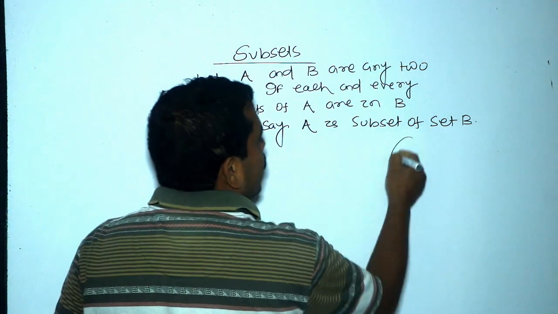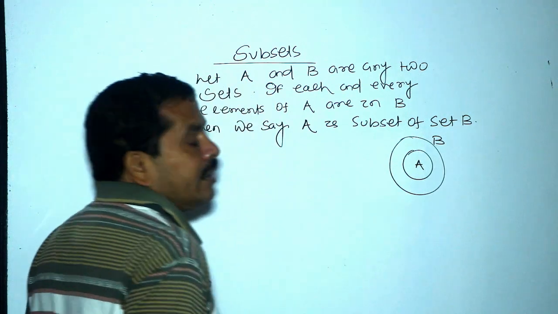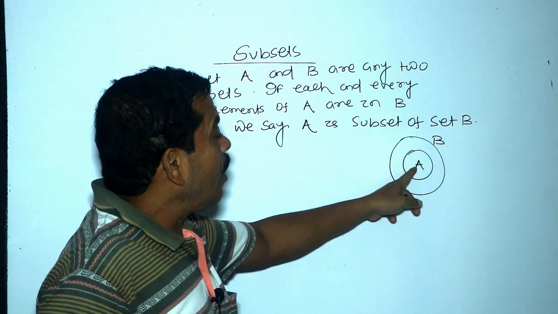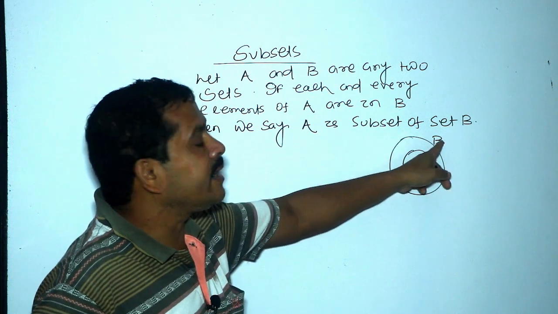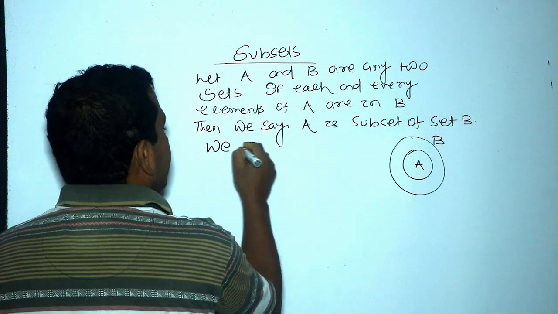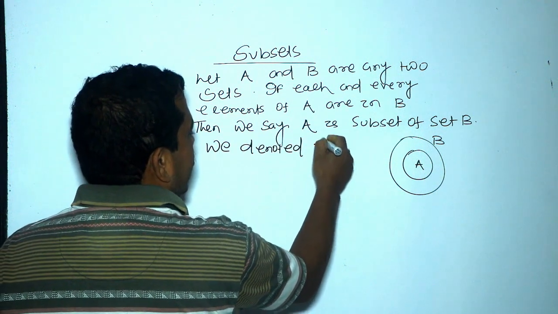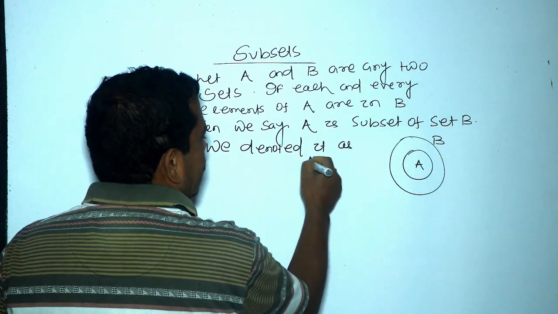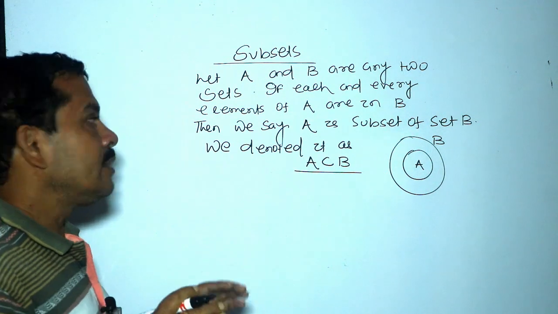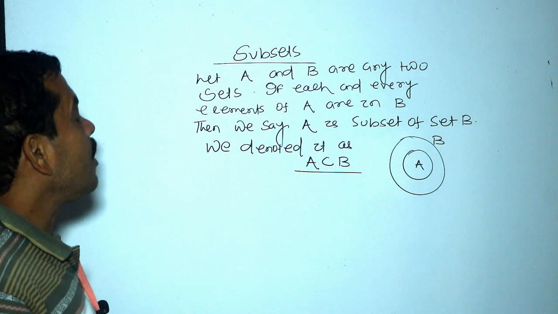In a Venn diagram we represent this as set A and this as set B. Here A is a subset of set B because all the elements of set A are in set B. We denote it as A ⊂ B. This symbol is used for subset of.